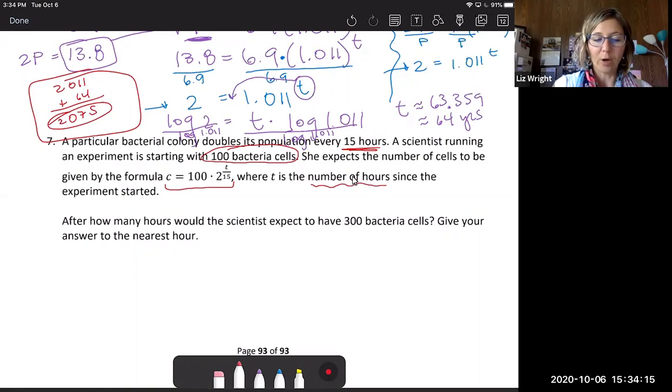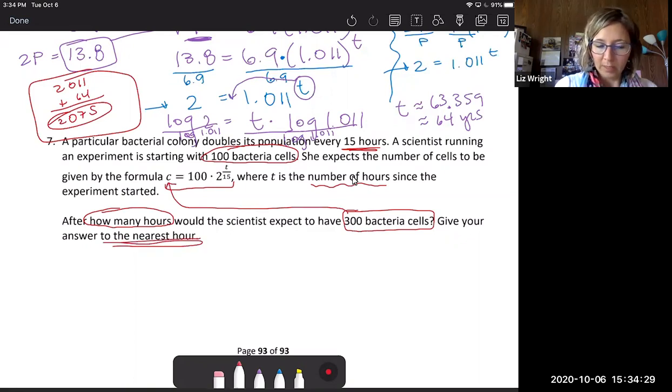So after how many hours would the scientist expect to have 300 bacterial cells? So we're going to plug 300 in for C, and it says give your answer to the nearest hour. So we're going to do 300 equals 100 times 2 to the t over 15.